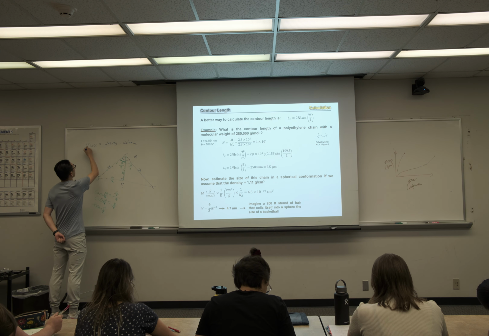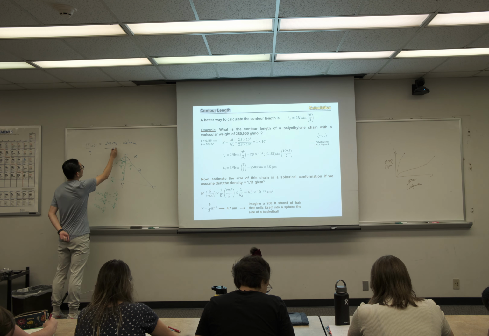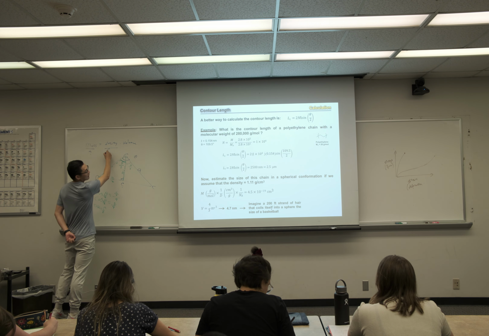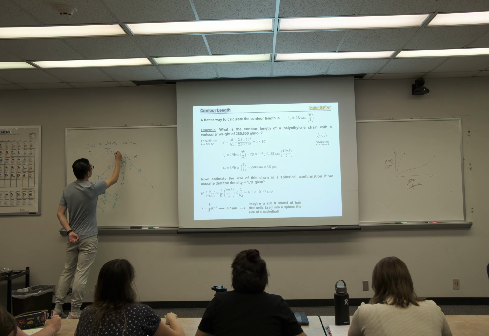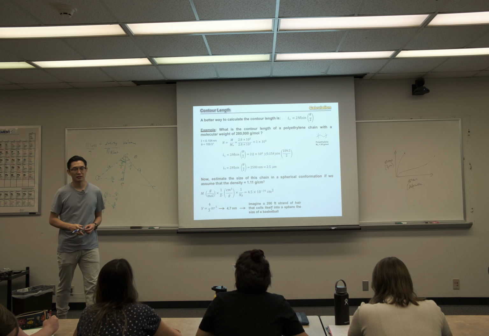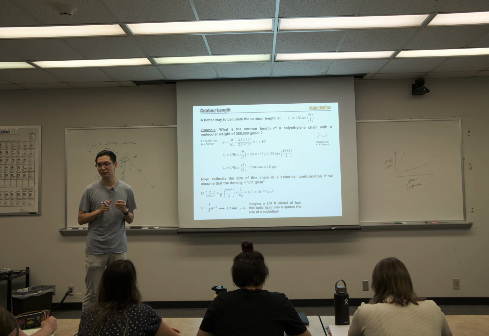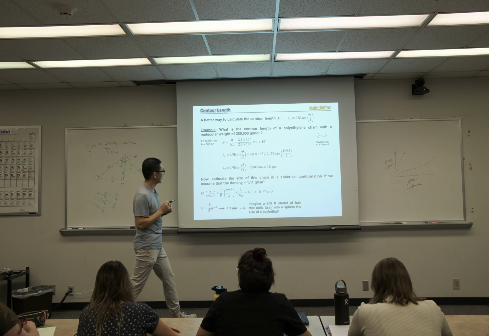So if we know the mass, we can calculate the volume. We assume a density of 1.11 grams per cubic centimeter. That's just the density of the plastic. Most plastic is around that density, actually slightly higher, because water has a density of about 1.